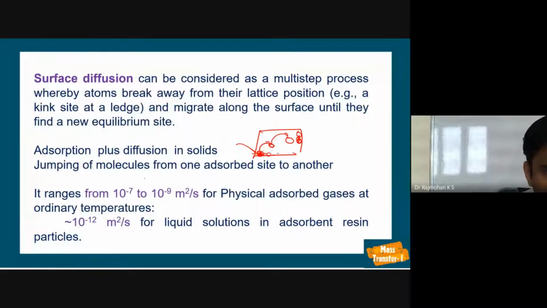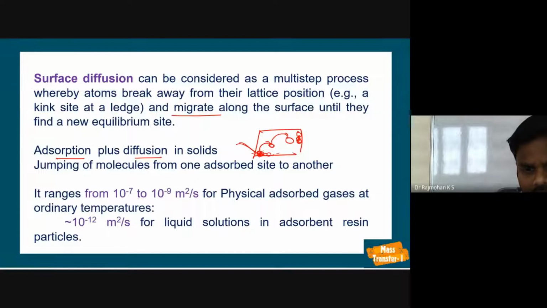So there are two things taking place here. First is, as I said, adsorption of the molecule and then diffusion on the surface of the solid. What is actually happening is jumping of the molecules from one adsorbed site to another. Such migration keeps taking place, changing from one equilibrium position to another.